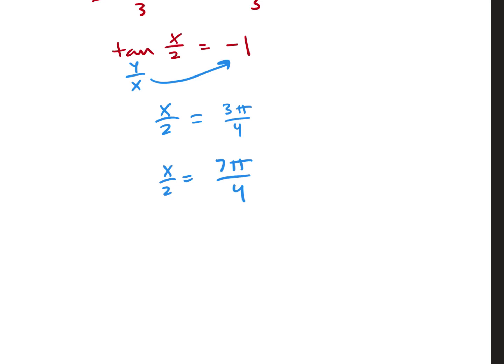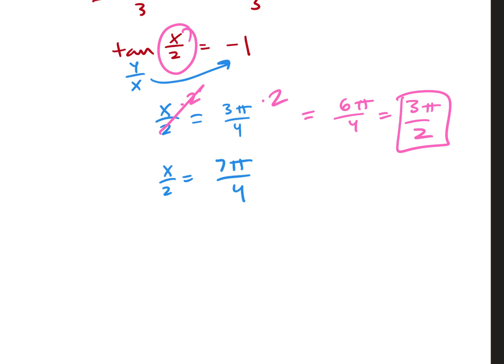And then we have to do the last step, which is what's directly happening to x. So we multiply both sides by 2. So this would be 6 pi over 4, which simplifies to 3 pi over 2. And then same thing here, multiply both sides by 2. So this would be 14 pi over 4, which is 7 pi over 2.